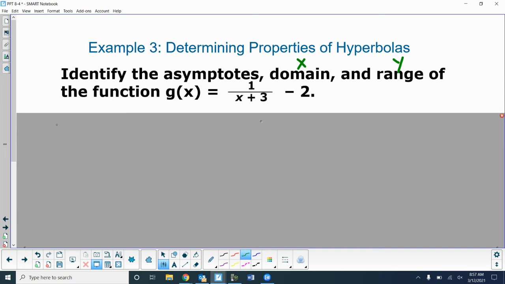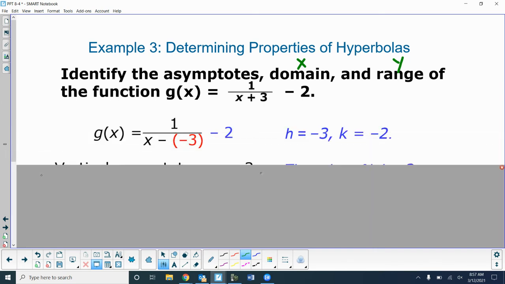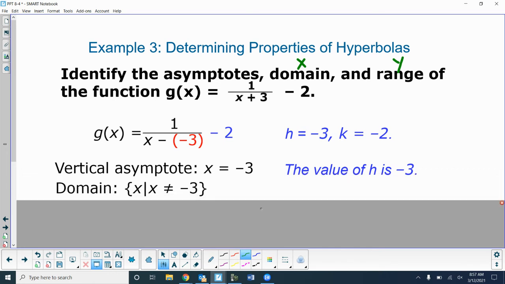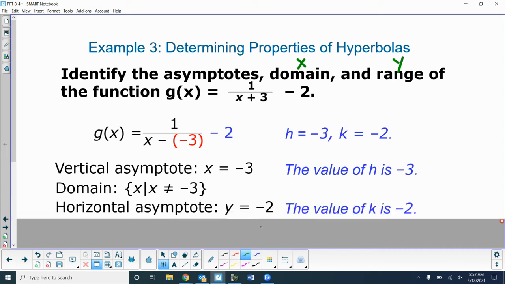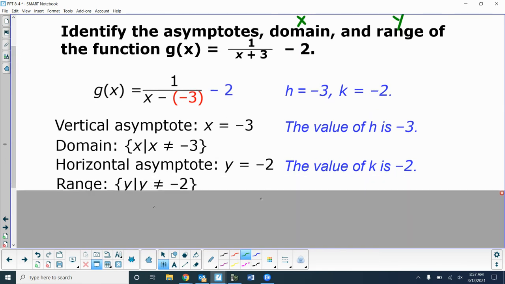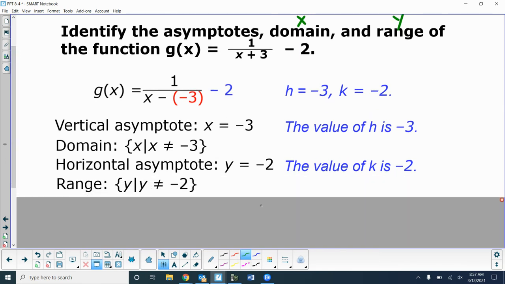Okay? So the vertical asymptote is x equals negative 3, whatever makes that 0. And our domain is x can be anything but negative 3. It's like our restriction. It's the x value. My horizontal asymptote is y equals negative 2. My range is y cannot equal negative 2.